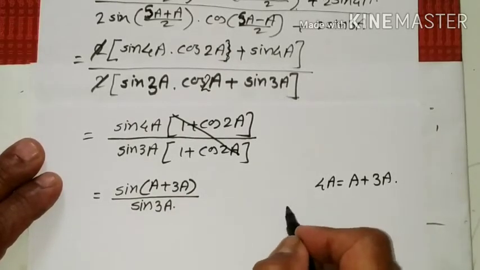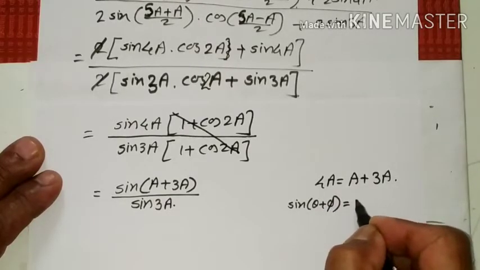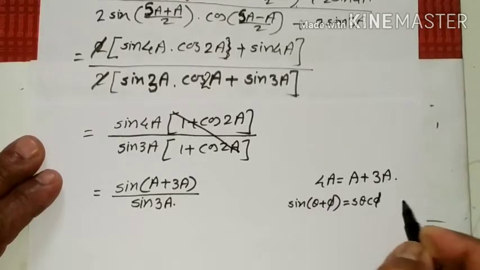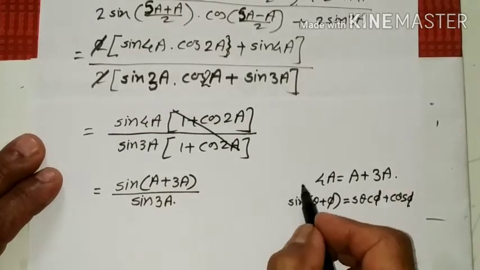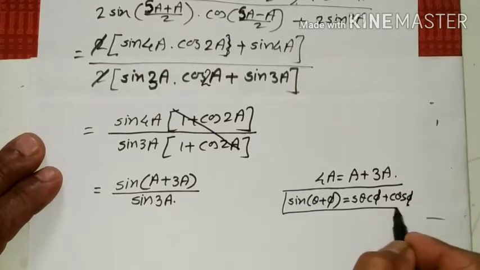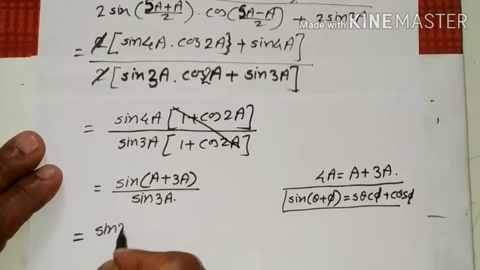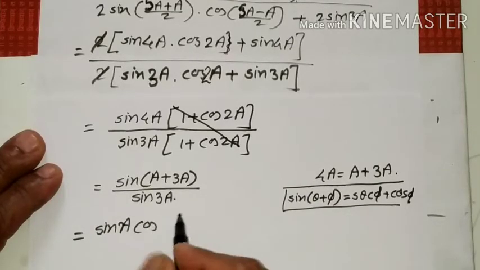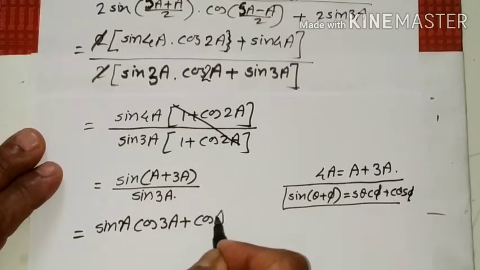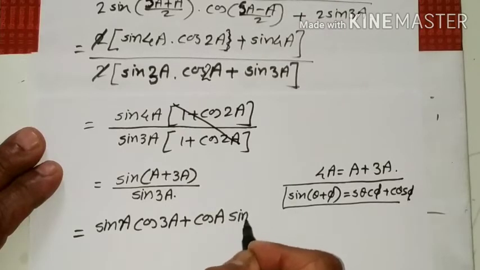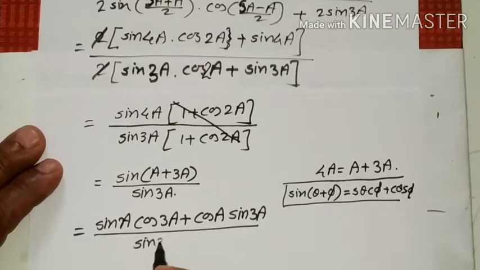Now we know that sin(theta plus phi) is equal to sin theta cos phi plus cos theta sin phi. Using this formula for the numerator: (sin a into cos 3a plus cos a into sin 3a) whole divided by sin 3a.